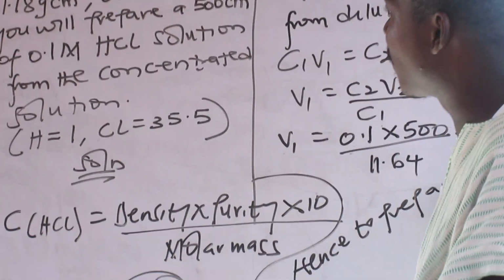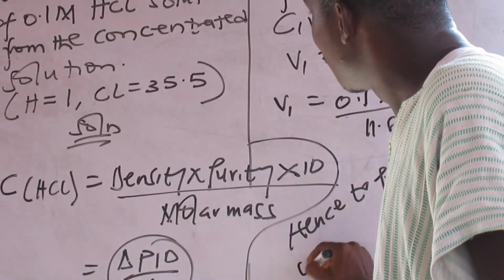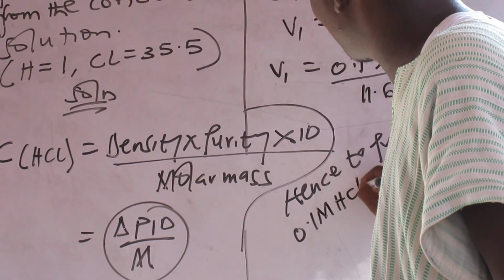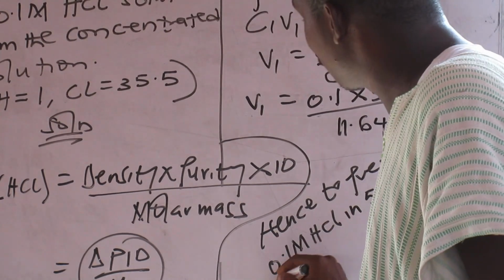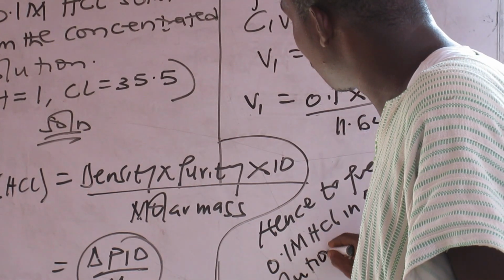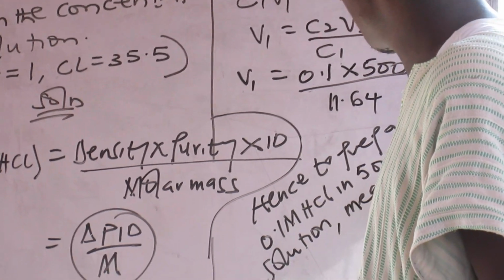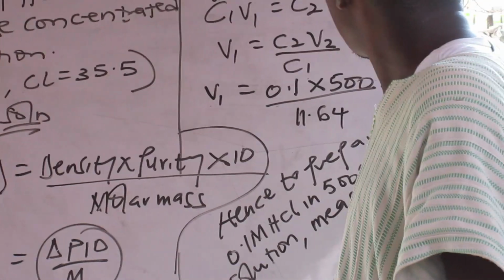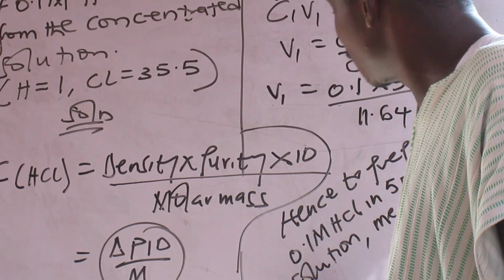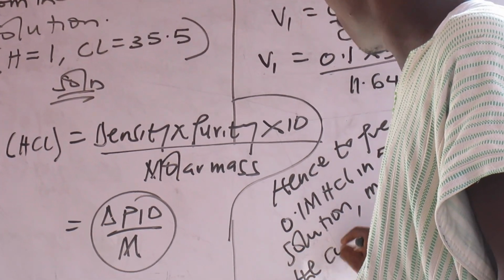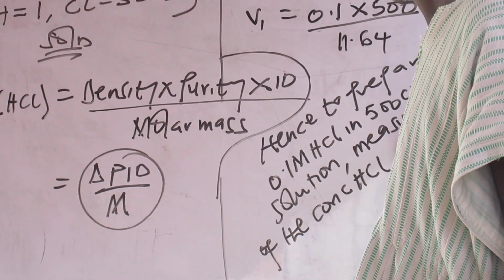to prepare, you still have the preamble for the question. To prepare 0.1 molar HCl in 500 cm cube of solution, measure, you don't say weigh, measure 4.29 centimeter cube of the concentrated HCl, right?